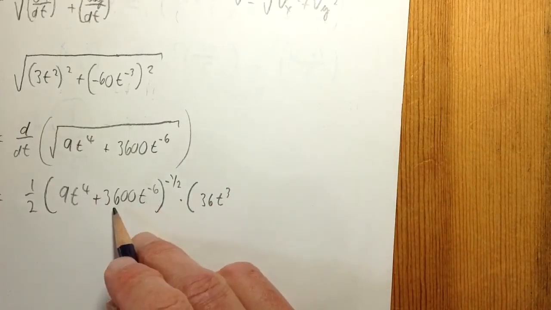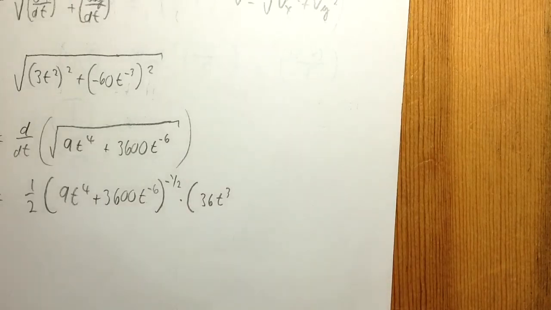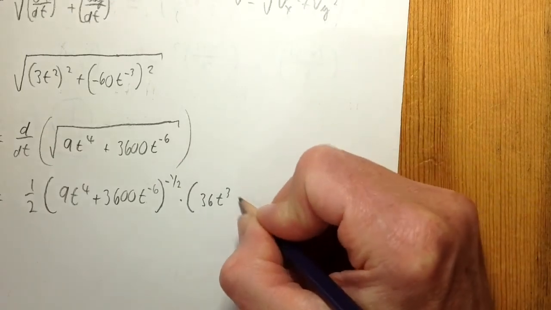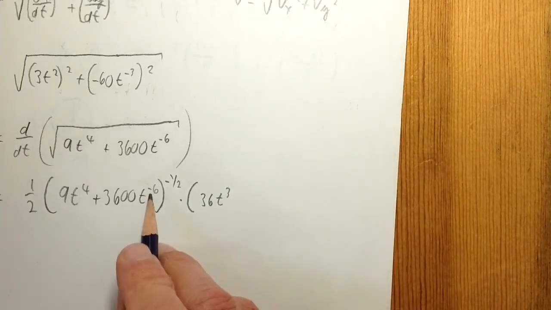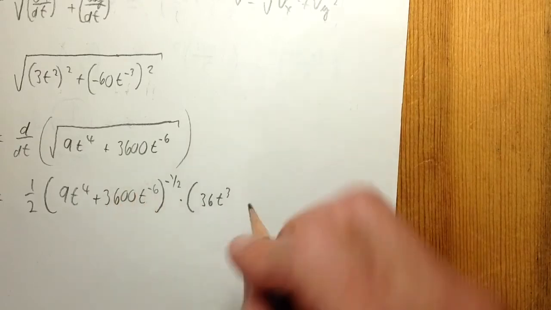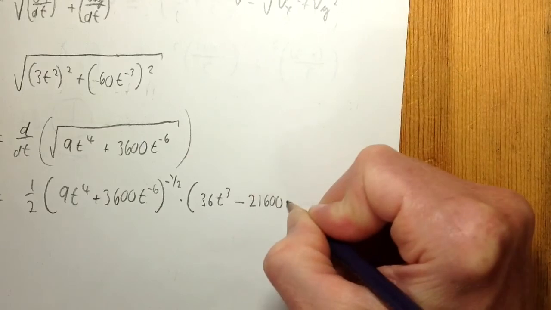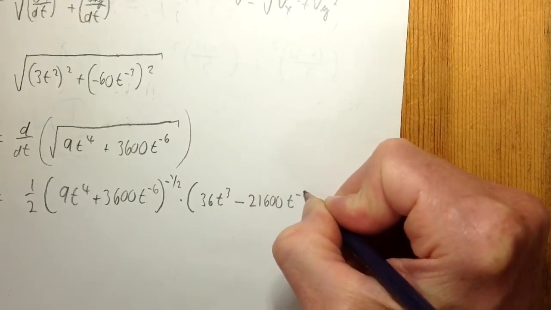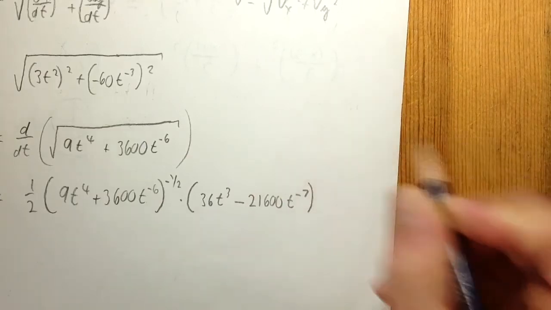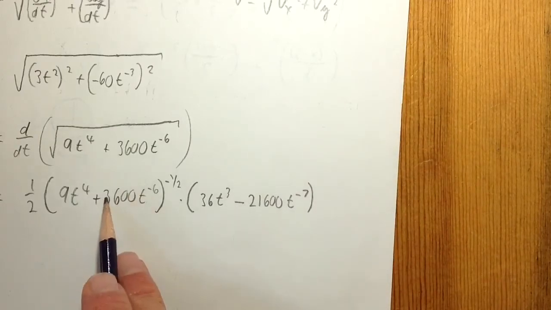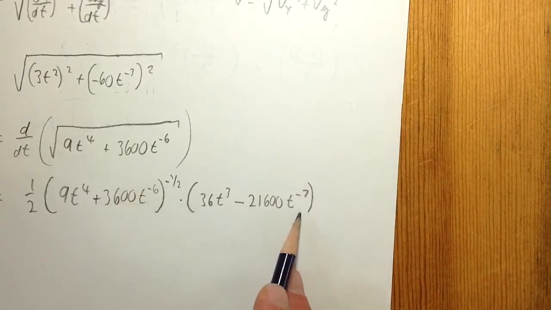Negative 6 times 3600, that's a big thing. 6 times 3600 is 21,600, and negative, right? Derivative of this, negative 6 times that. So it would be minus 21,600 t to the negative 7. I think that's right. Take away 1, t to the negative 7. Okay, that's correct. That's our derivative.